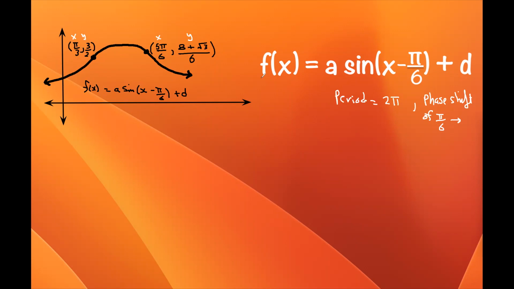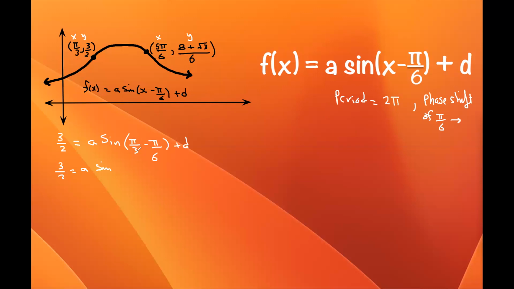So f of x, which is the y, is 3 over 2, equals A sine, and x is pi over 3 minus pi over 6 plus D. We have 3 over 2 equals A sine pi over 3 minus pi over 6, that's pi over 6.